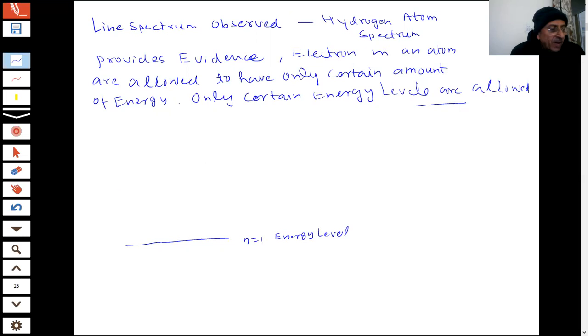From here the electron was excited, then I am saying there is energy level 2, n equal to 2. Inside, nothing. There is nothing inside this. Only this energy. After that, n equal to 2 level. Then you are saying n equal to 3. Yes, sir, there is nothing in between.